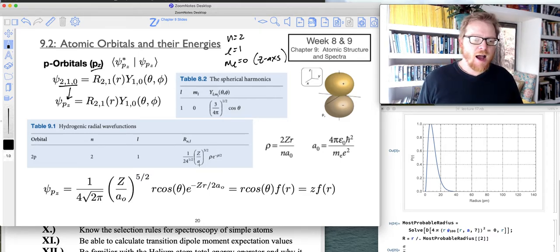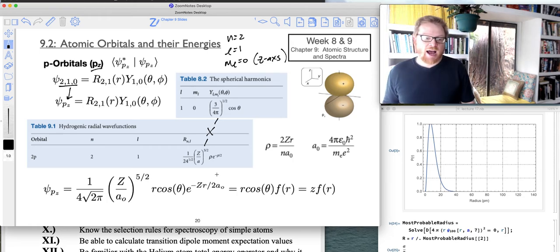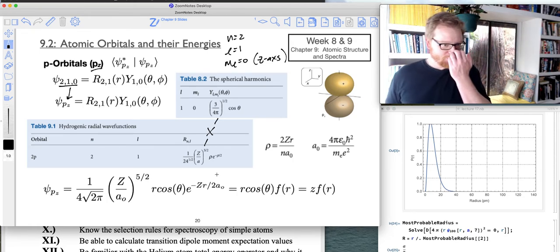And so there's some algebra that's been done. I'll also remind you that rho is this 2Zr over na. I'm not going to worry too much about going through the algebra, showing you where this comes from. But basically, it's this function times this function. That's how we got it, and then collected like terms.